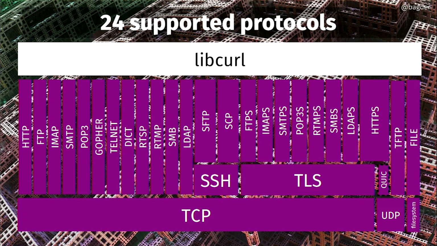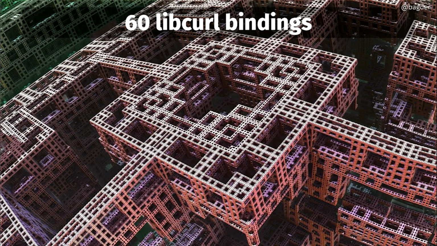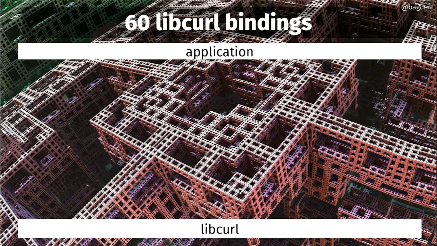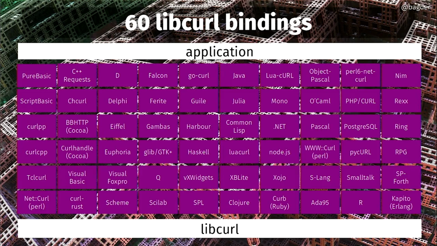And curl didn't really, as you saw, that was a gradual success or growth over time, it spiraled off. And so how come all of those users are using curl? Well, over time, of course, people added bindings for the particular languages. So if you want to write your code in another language than C, which is the native API for libcurl, people have written bindings, so you could use one of these 60 different languages to access libcurl.